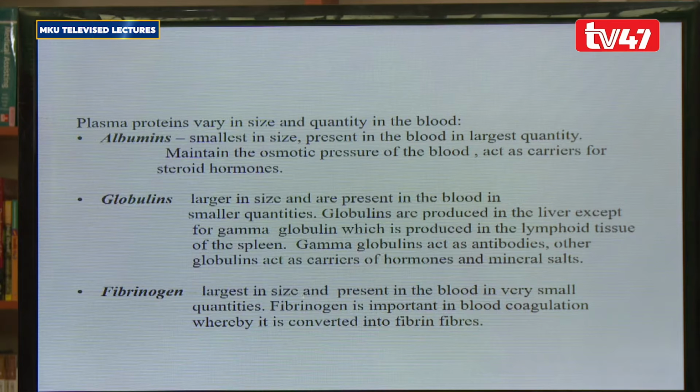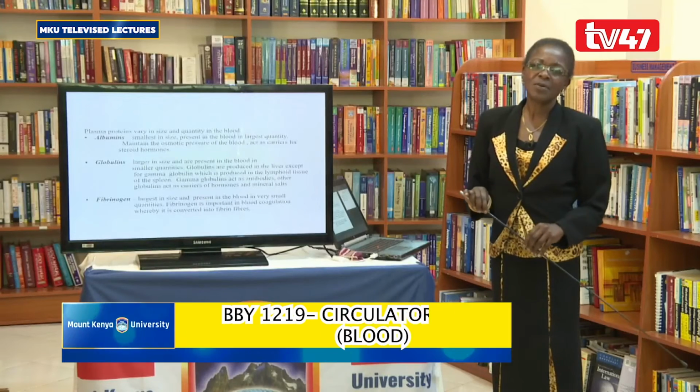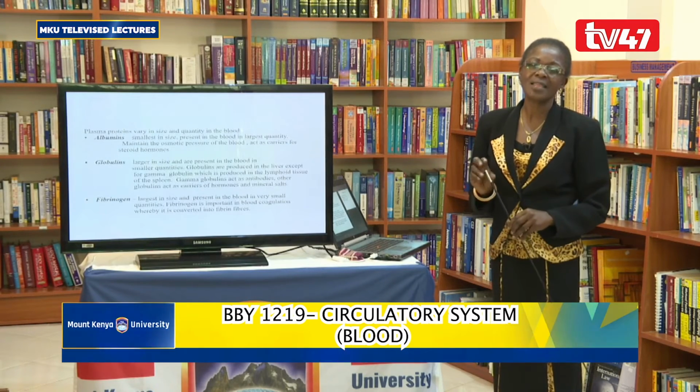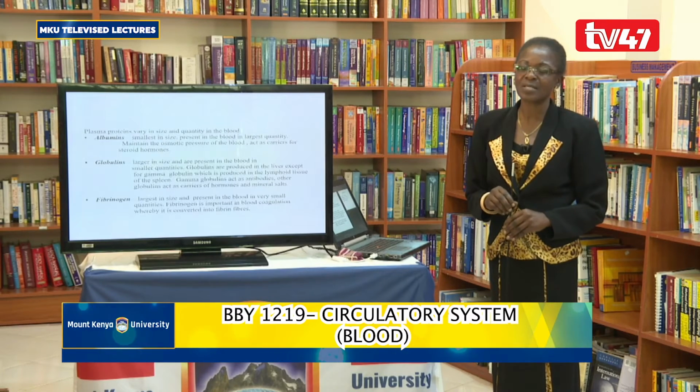Now, to go back to the plasma proteins we talked about, that is the albumins, the globulins, and fibrinogen. They are all synthesized in the liver, which is a vital organ, and they vary in size and in the quantities in which they are found in the plasma.